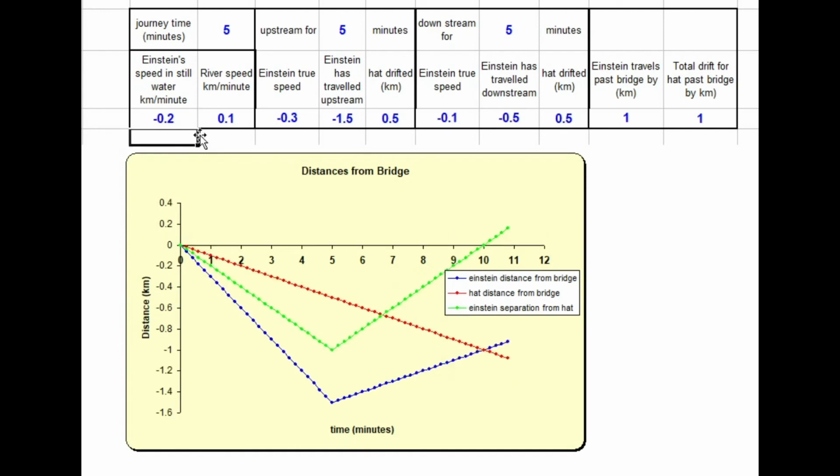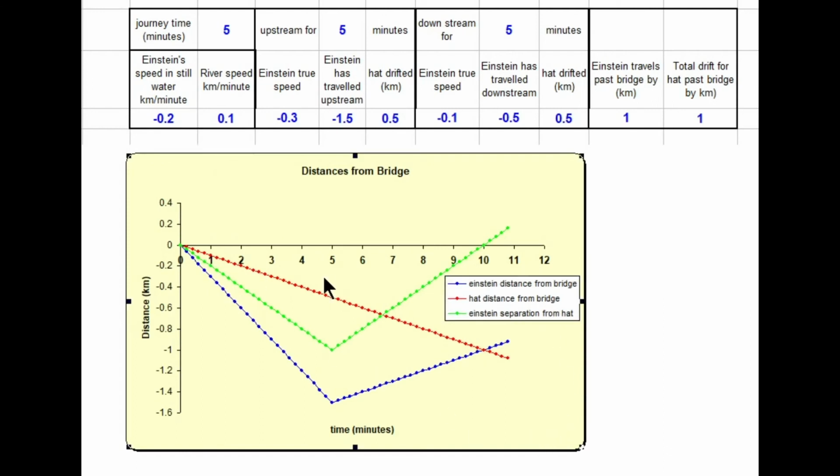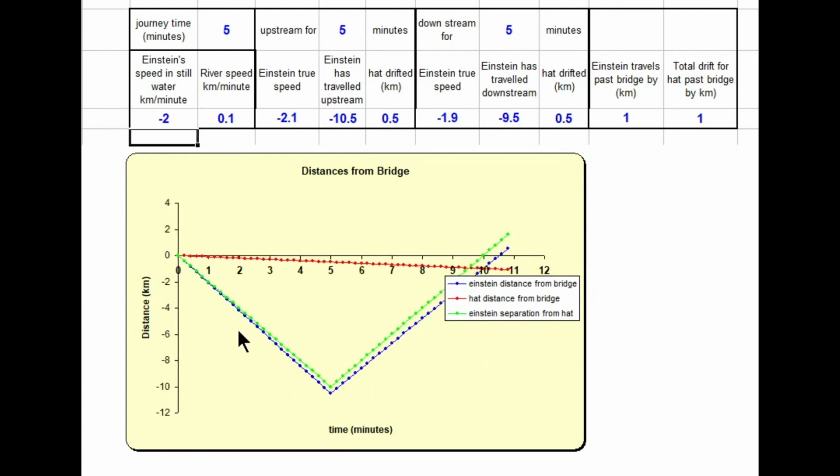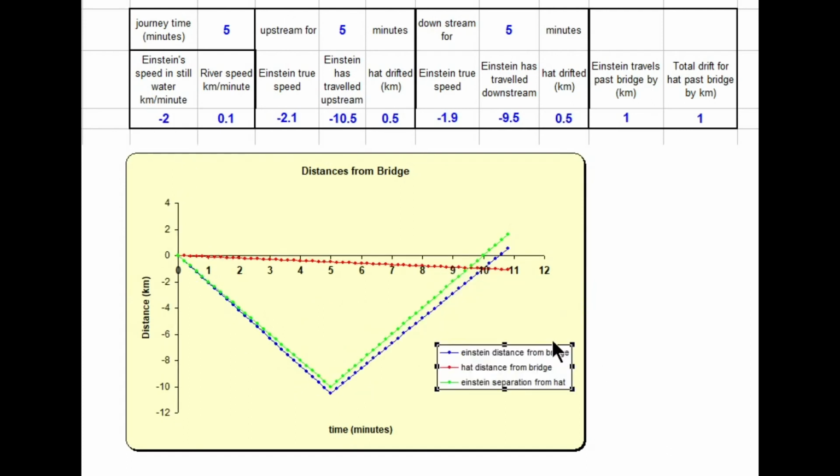Now he's cranking it downstream quite rapidly here, and we notice each time it only turns out to be 10 minutes later, and 1 kilometer. Where's the 1 kilometer? There it is. 1 kilometer past the bridge is when he catches the hat. Even at minus 2 we would have this happening, and again 10.